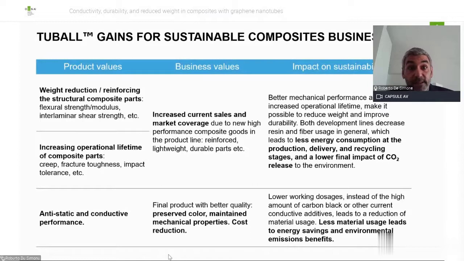So the usage of Tubal can enhance the sustainable approach of the company, because using Tubal you can increase some properties and make a longer life cycle of the final part. So from the sustainable point of view, this is absolutely a positive.